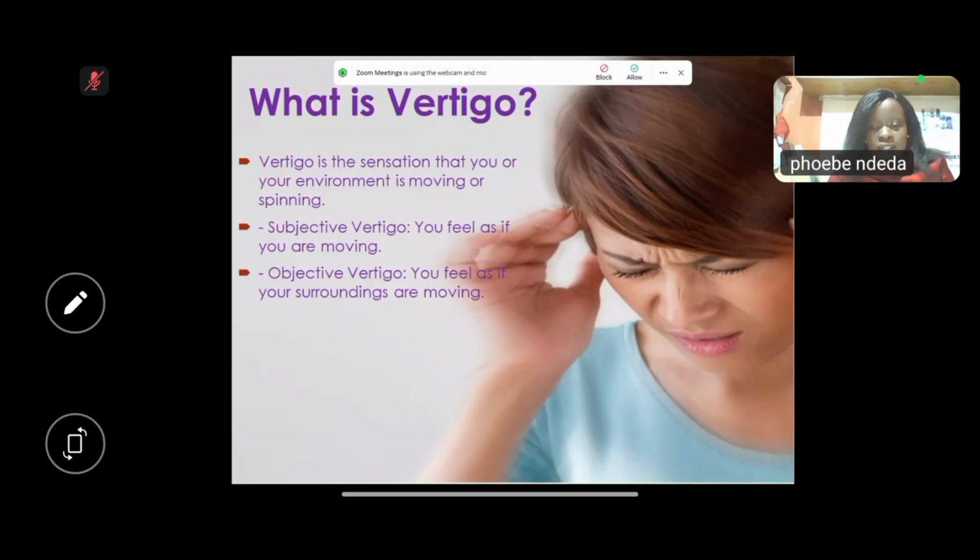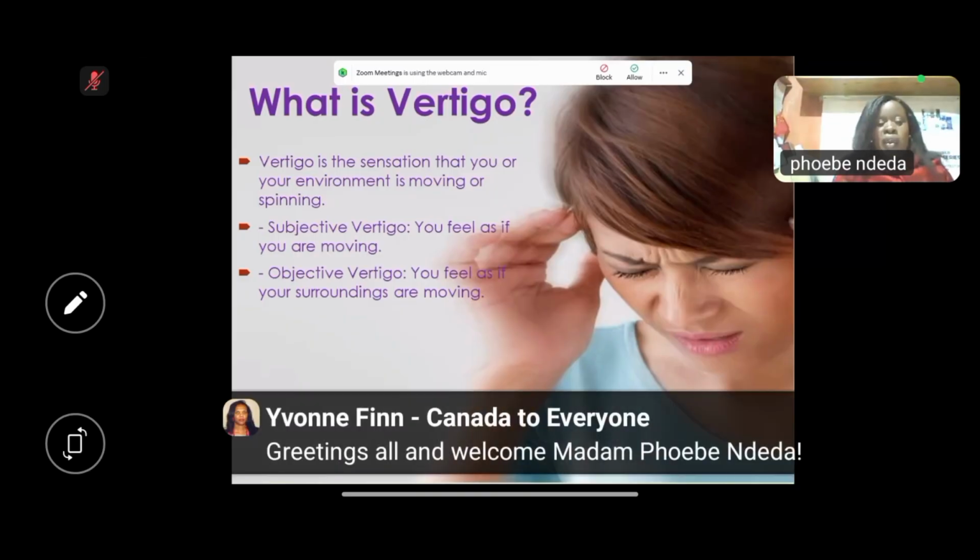So, as you can see on your screen, vertigo is a condition. When you're experiencing vertigo, there's a sensation that you or your environment is moving or spinning. We have two types of vertigo.